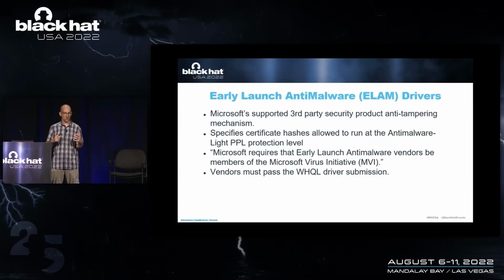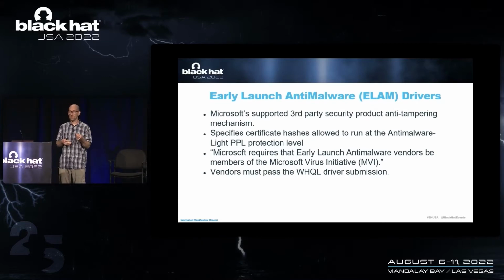So in order to opt in to running as a PPL anti-malware-light process, which all third-party vendors, but also first-party Microsoft products get to opt into, you need an ELAM driver. In this driver, you don't actually have to implement any code. There are early launch hooks that you could implement in the driver if you wanted to do some signature checking very early in the boot process.